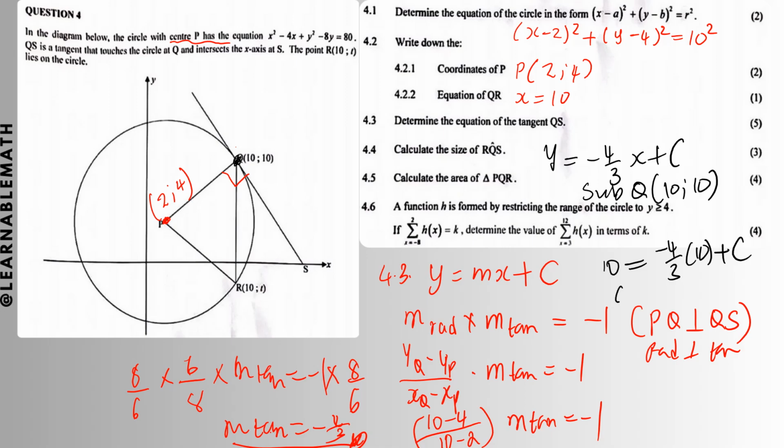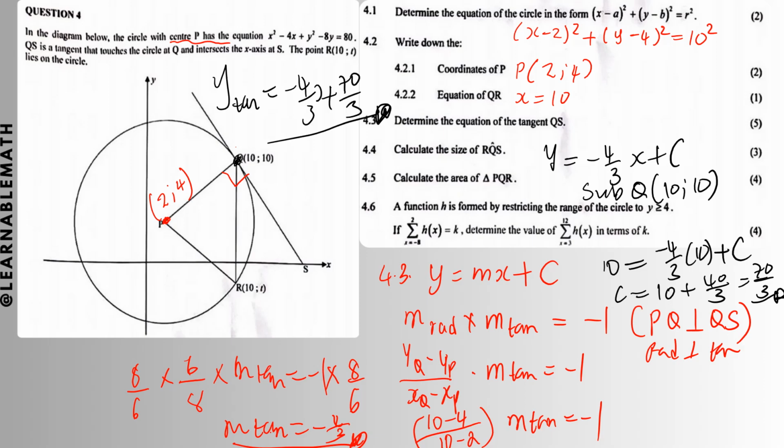We take it to the other side. C will be 10 plus 40 over 3, so our c will be 70 over 3. So finally our equation of the tangent will be y equals -4 over 3x plus 70 over 3. That will be our equation of the tangent.